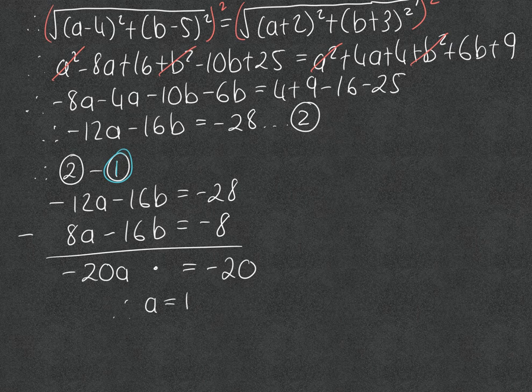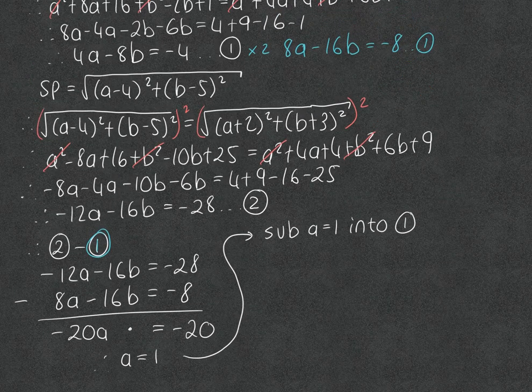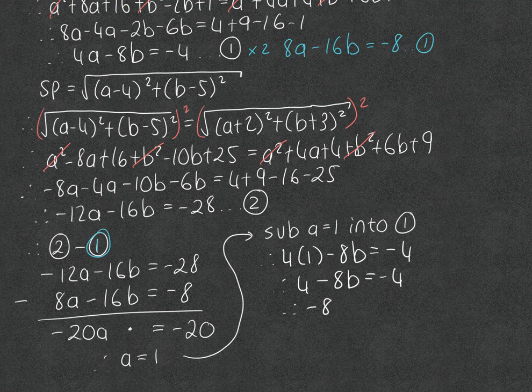And then it's as simple as subbing A into one of the other equations. So let's sub A equals 1 into equation 1. You can do the original one or the new one that you've made, it doesn't really matter. Therefore, 4 times 1 minus 8B equals minus 4. So 4 minus 8B equals minus 4, therefore minus 8B equals minus 8. B is equal to 1.